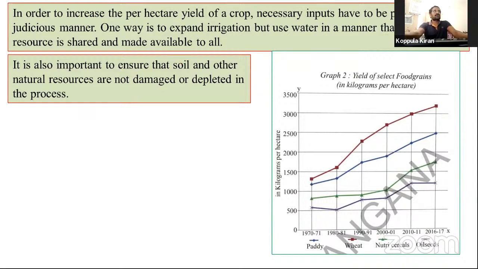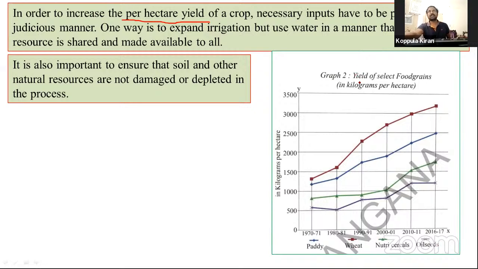Okay, so first one, what is this? This is very important. See this. Per hectare yield of a crop. For example, see this graph, yield of select food grains. These are the food grains.